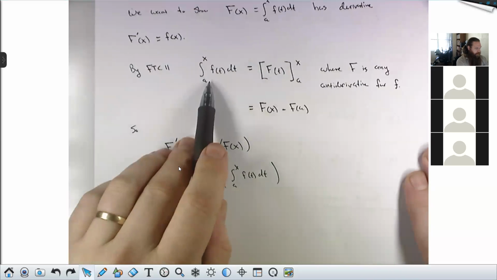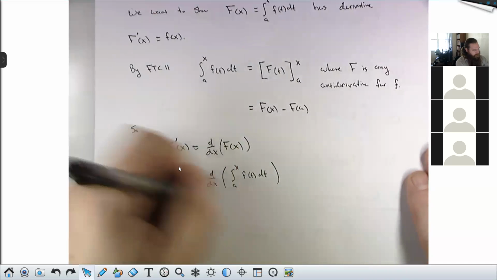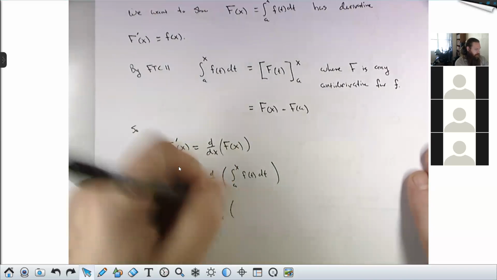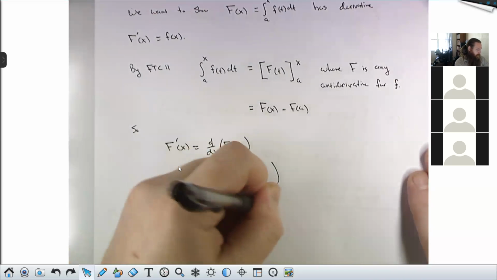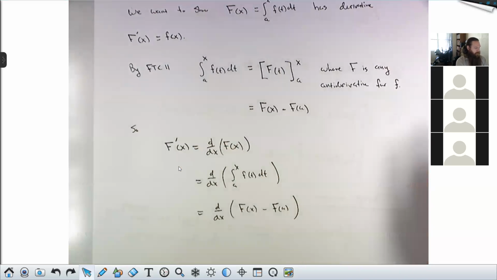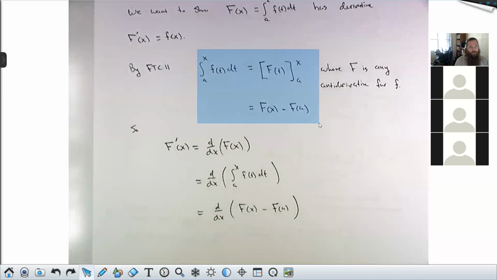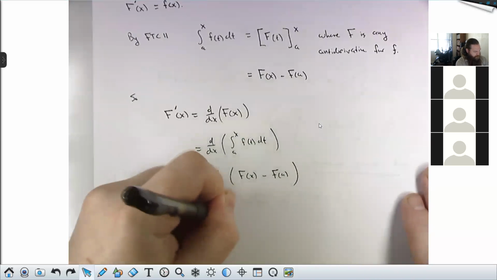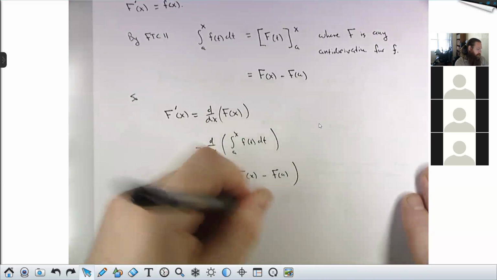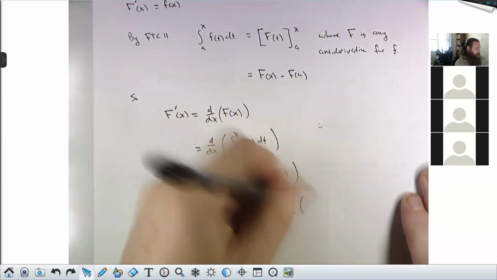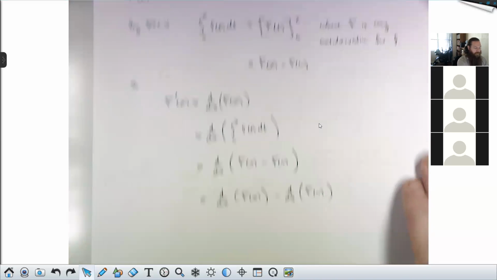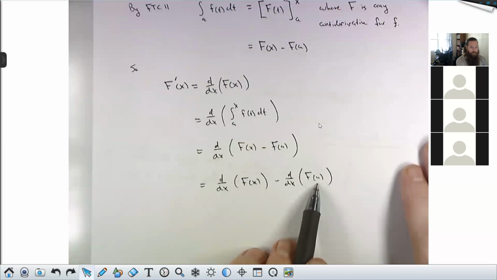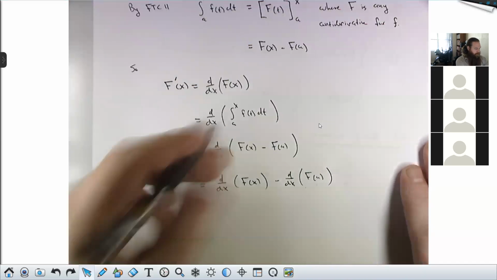And the integral from a to x of little f of t dt is capital F of x minus capital F of a, because we just computed that integral using FTC2. And this would be d/dx of capital F of x minus d/dx of capital F of a. The derivative of this piece is 0 because a is a constant. So F of a is a constant, and the derivative of a constant is 0.